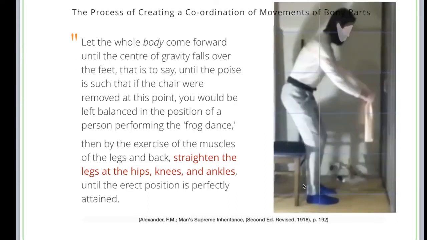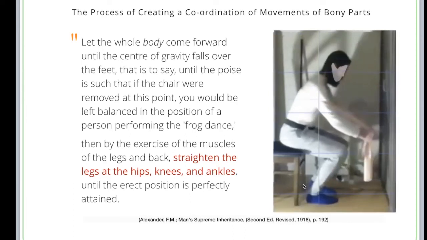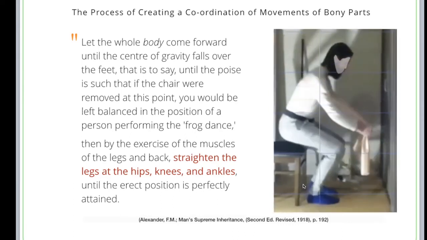The whole extension, in fact, follows what Alexander was saying. Alexander said you have to extend the hips, knees, and ankle. I have changed the sentence very slightly, because what the gentleman is performing, the plan to organize the movement, look, is extending the ankle and knee first.